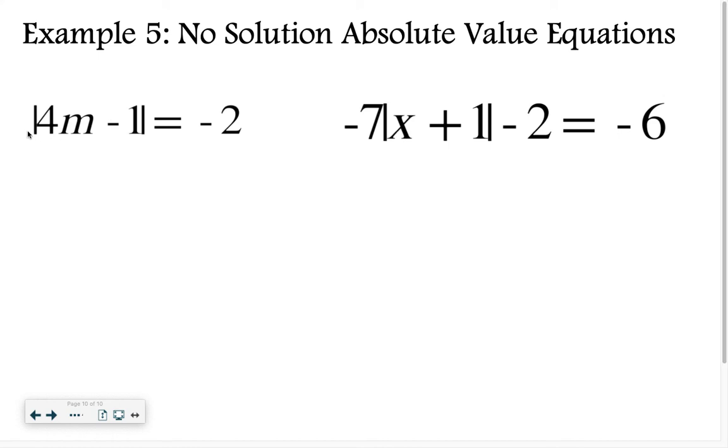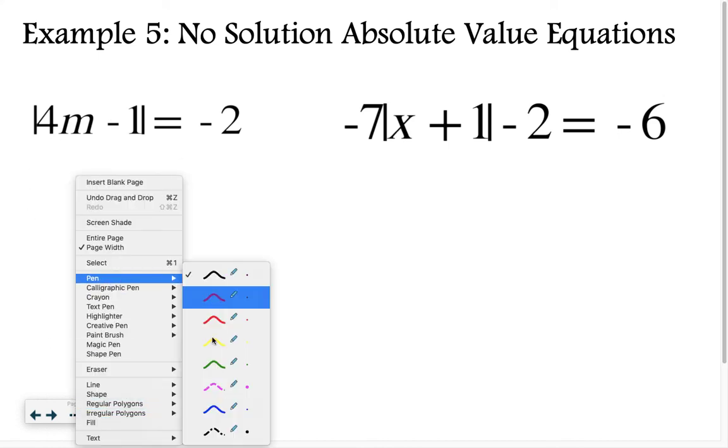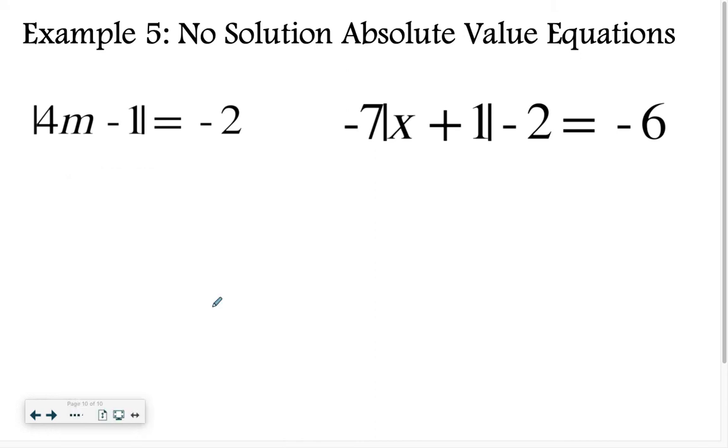So if we look at this first example right over here, that absolute value of 4m minus 1 equals a negative 2. This number, right, because the 4m minus 1 just represents a single number. Like once we figure out what m is, that represents a single number. And so the absolute value of any number is going to be positive.